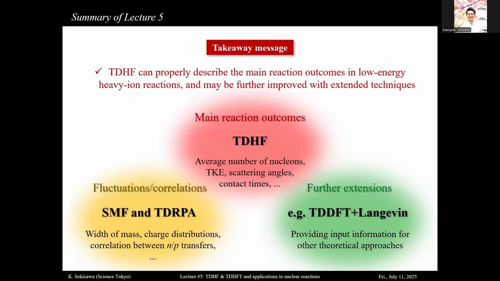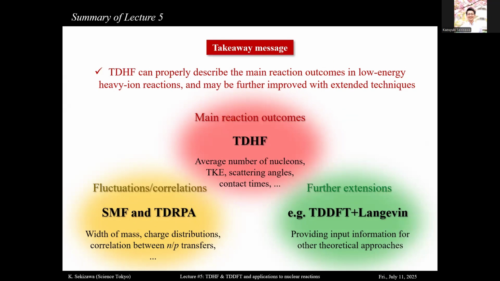As I mentioned, TDHF can nicely describe the main reaction outcomes: multinucleon transfer, energy dissipation, and the quasifission process. But there are some limitations. Nowadays, though I didn't explain it, we can apply extended approaches like stochastic extensions or time-dependent RPA to include fluctuations and correlations, or, in combination with the Runge-Gross approach, apply it to superheavy element synthesis.